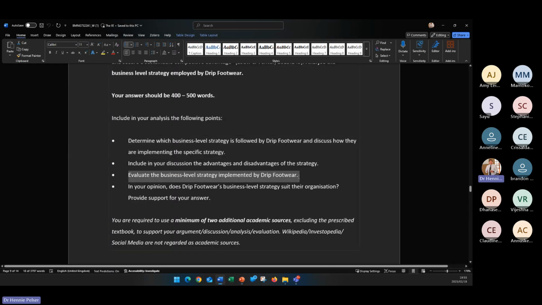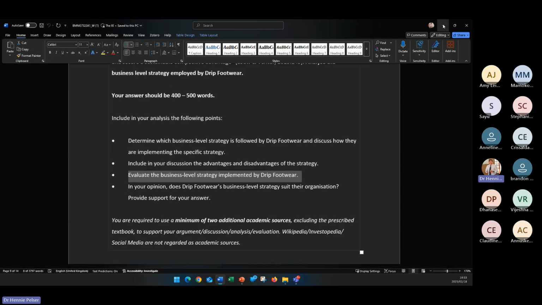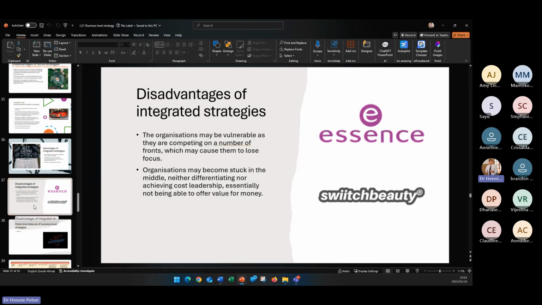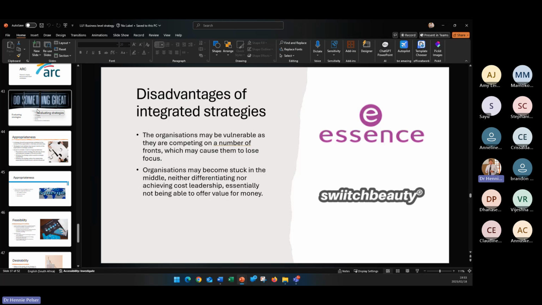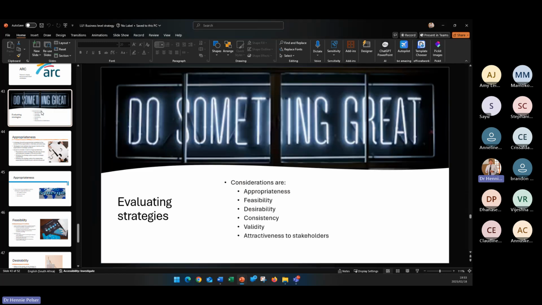And then, yeah, to do an evaluation, and we'll look at that. So you will just go a little bit further down the slides. In terms of the evaluation, the criteria that we use for evaluating strategies are those there: appropriateness, feasibility, desirability, consistency, validity, and attractiveness to stakeholders.